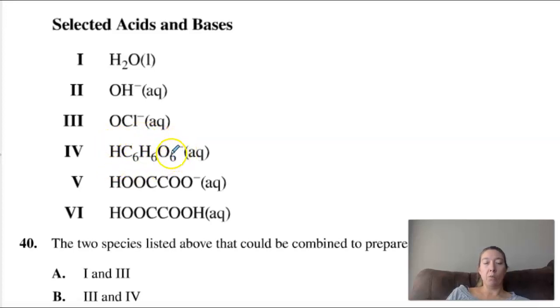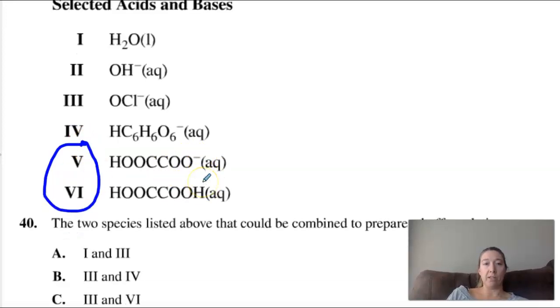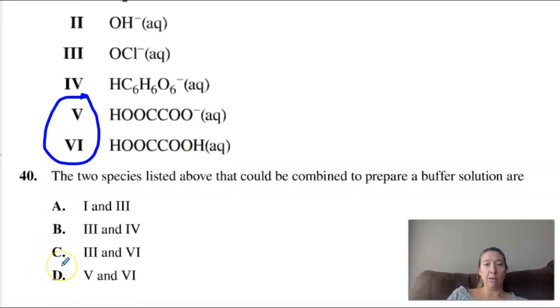This guy here, we don't have either an H2C6H6O6, and we also don't have a C6H6O6 2 minus. So this is missing a conjugate. But these two here are conjugates of each other, right? This has the H, this doesn't. So 5 and 6 have the ability to form a buffer.